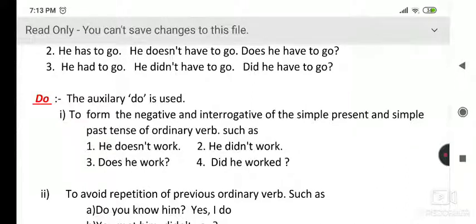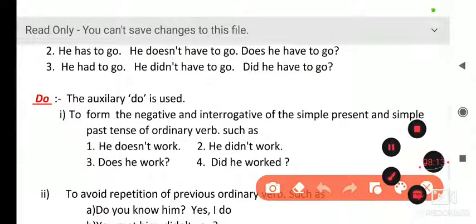While making it interrogative, we use does he work. Here in this sentence we use does, and while making an interrogative in the past tense, we use did he work.